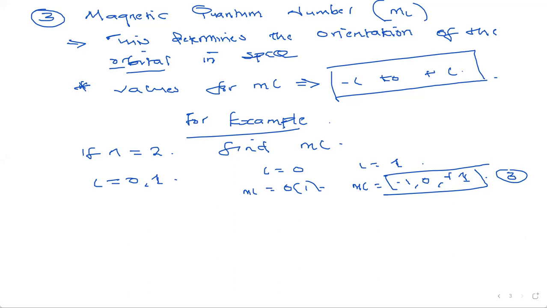Is there a question? Sorry, Mr. Kunda. Since we've written down the values of ml, when they ask you for the ml, do you just count how many they are, or first list and then state how many? In case they ask you for the total number of ml, then that's when you count. When n is equal to 2, total ml, meaning total orbitals, you count: orbital 1, 2, 3, 4.